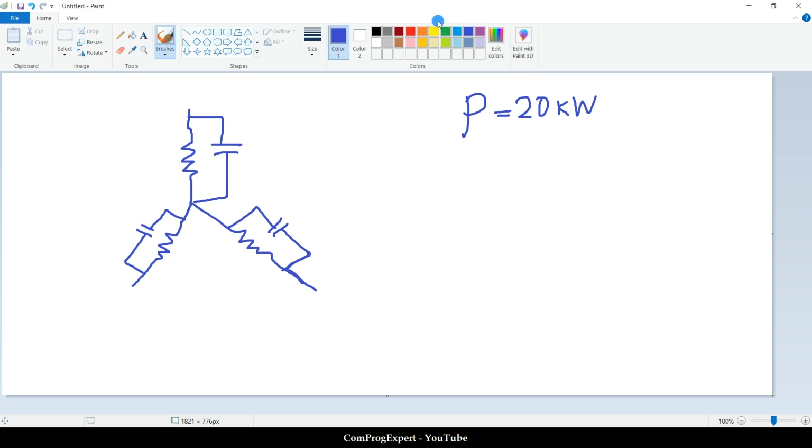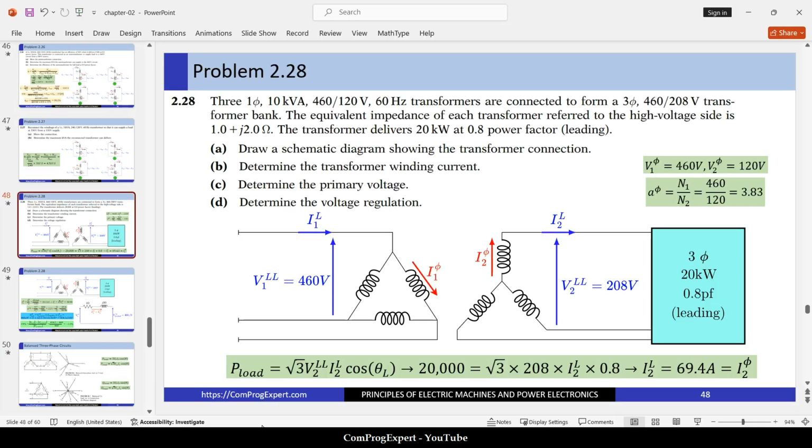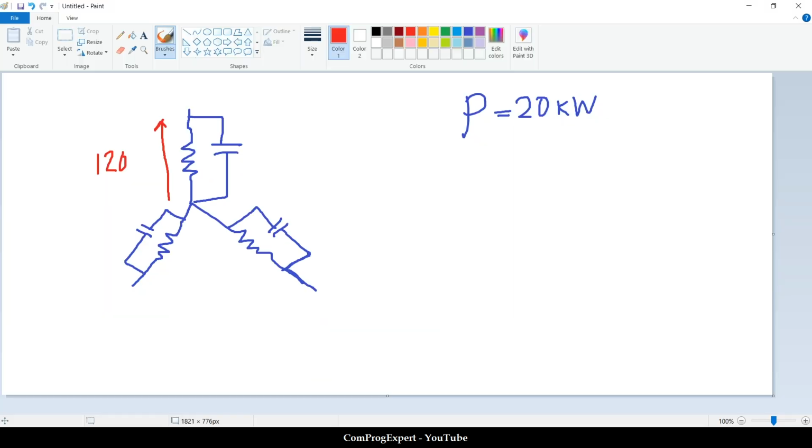kilowatts. So what is the phase voltage? The RMS value of the phase voltage is 120, right? The RMS value of the line-to-line voltage is 208. So for the phase, we should divide this number by the square root of 3, 120.